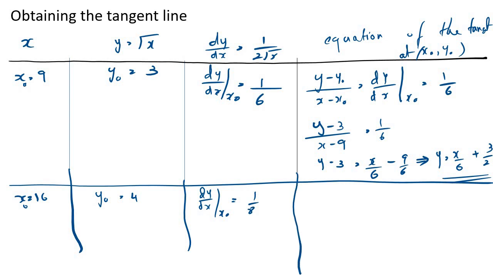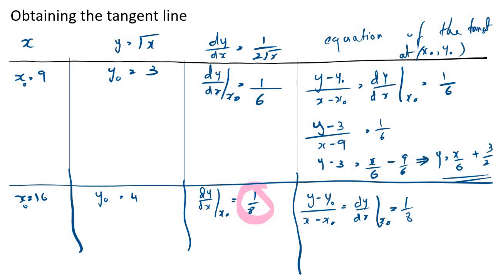And then if you write the equation of the tangent at x equals 16, y equals 4, it is (y minus y0) over (x minus x0) is equal to dy over dx at x0, which is 1 over 8.